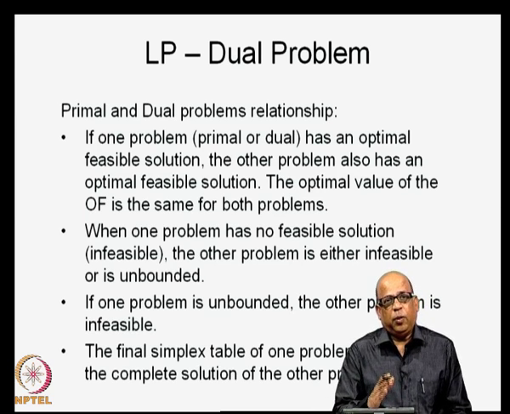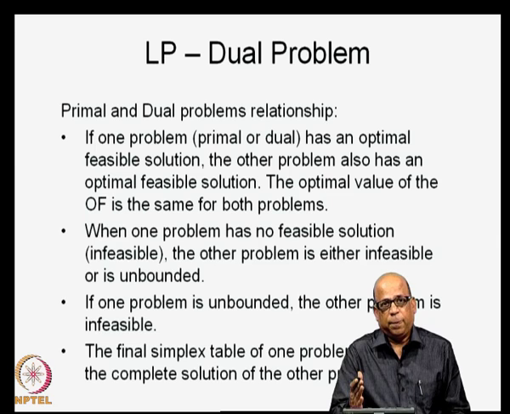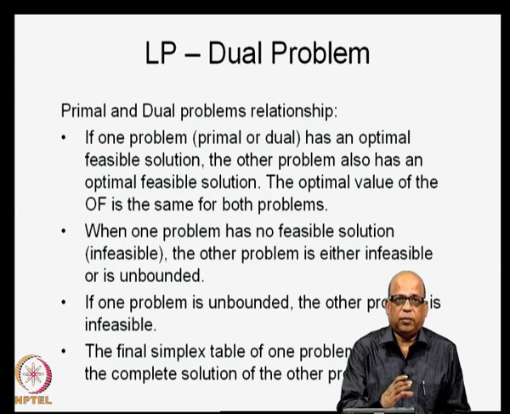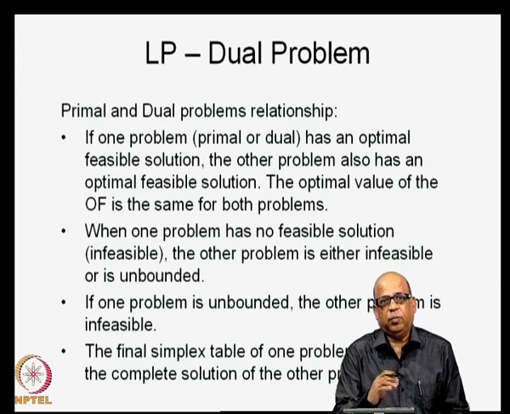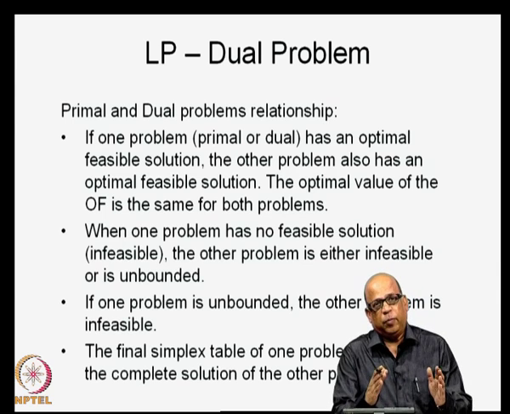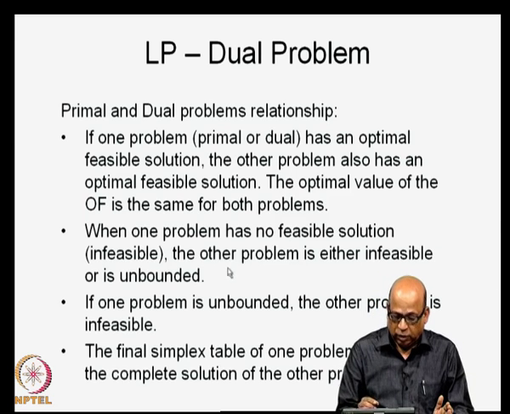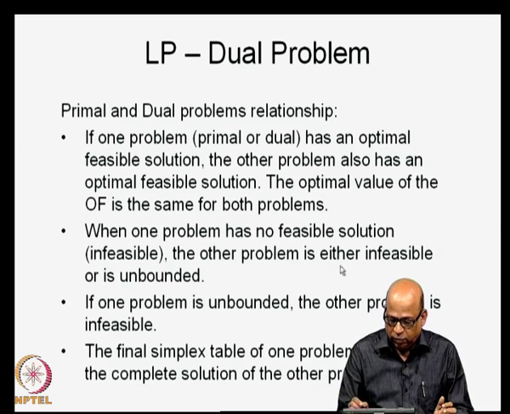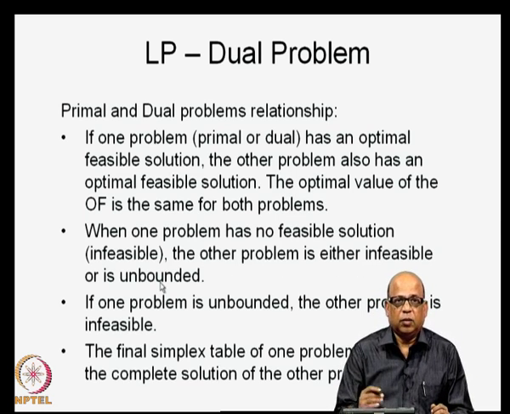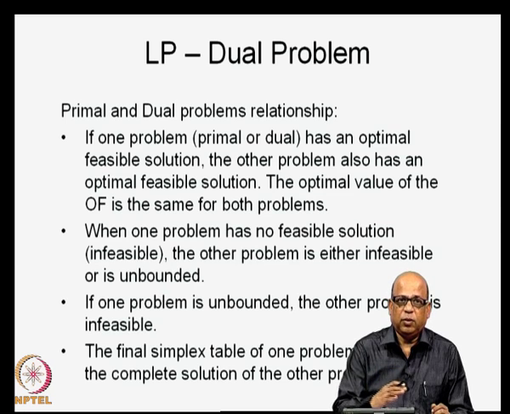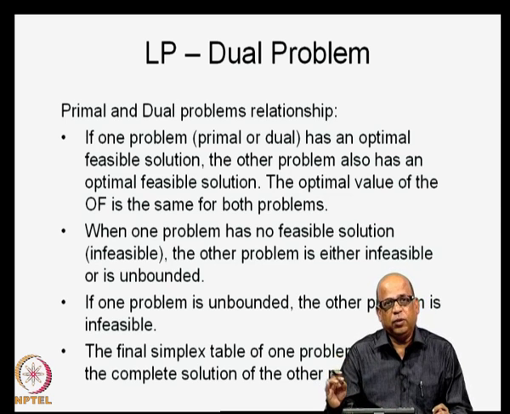Let us say that one problem has no feasible solution. That means, you are solving primal, let us say, and you come across the situation that it is an infeasible problem. If the problem that you have solved is infeasible, then the other problem is either infeasible or unbounded. So, primal, if it is infeasible, the dual may be either infeasible or unbounded.